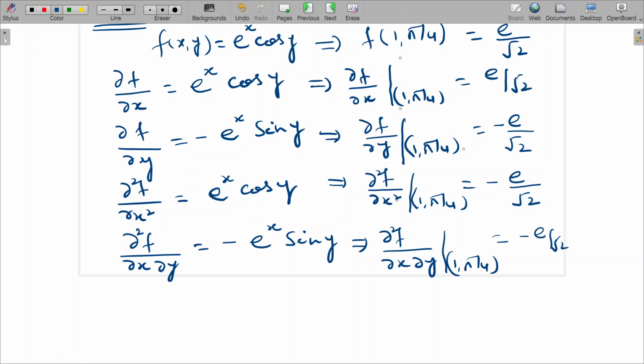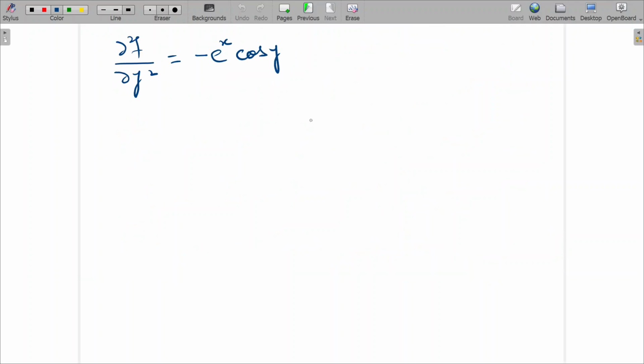Okay, so these are the values, and lastly we have to find the value of ∂²f/∂y² at (1, π/4), and the value of this derivative is coming out as minus e root 2.